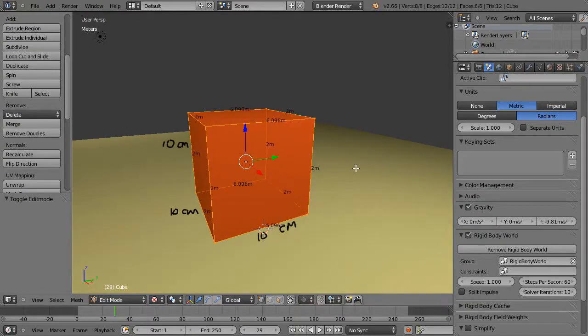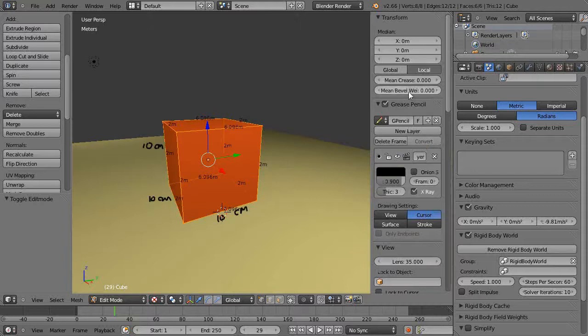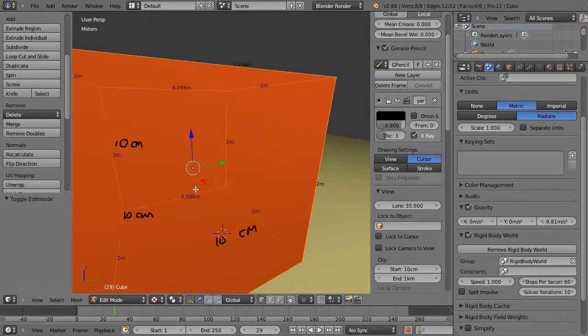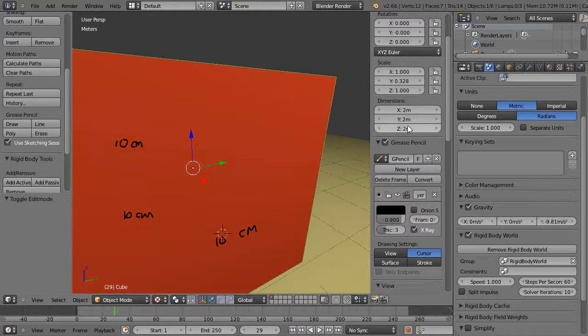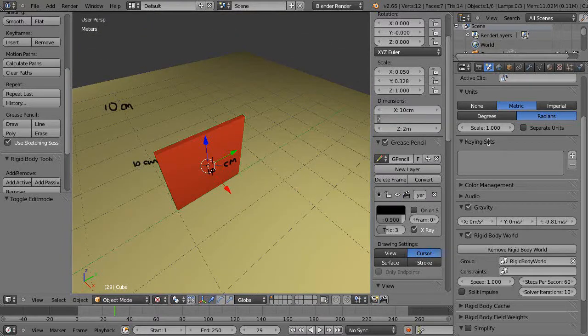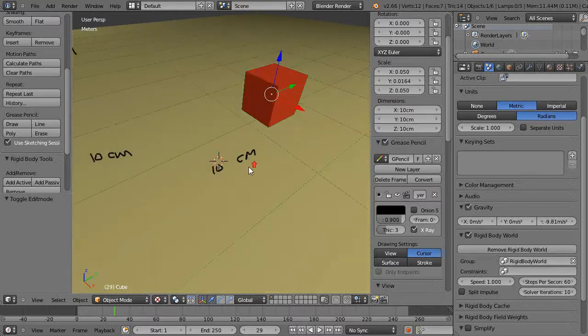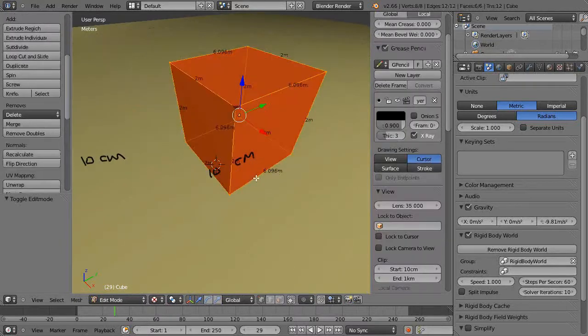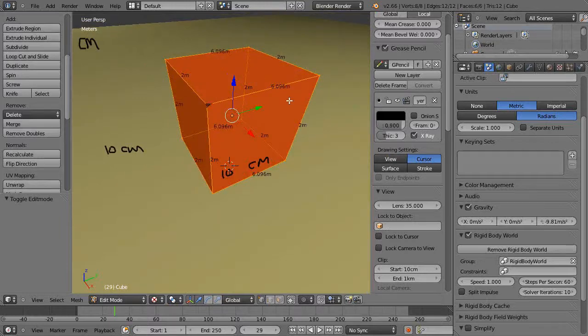The great thing about working in the metric system is that you can enter 10 centimeters times 10 centimeters times 10 centimeters directly. Oh, see, Blender's getting smarter all the time. Then let's zoom in on it and go into edit mode. And remember, it doesn't show it until you apply the scale.